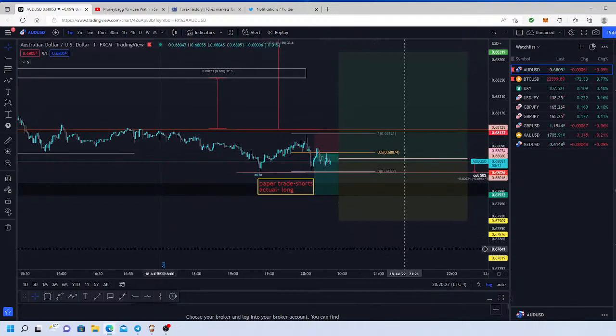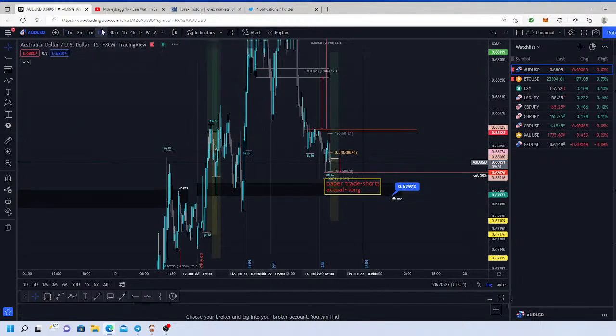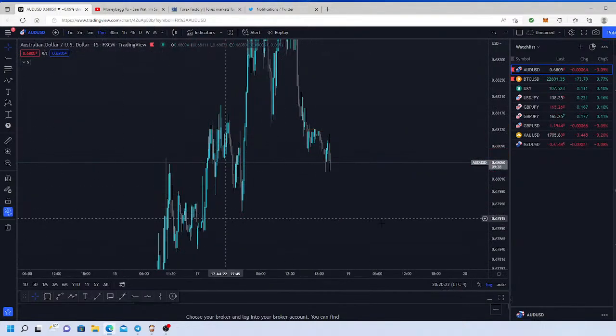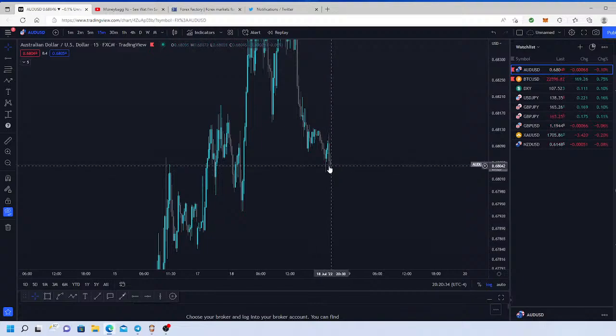Come on, show me something. Well, let's go back and see why we look on the higher time frames. We're gonna blank everything. Okay, came down, trying to push. Like I said, we start breaking lows, and yeah, we definitely coming back down.